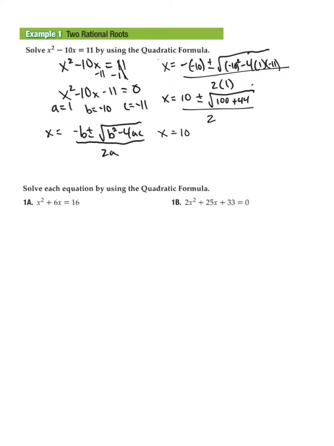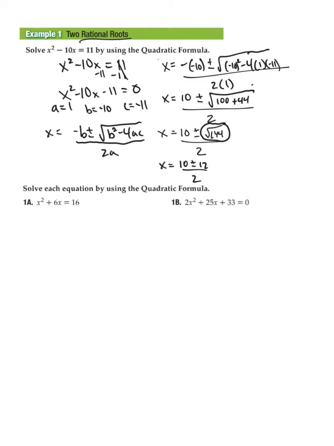Okay, so this is 10 plus or minus the square root of 144 over 2. When there are going to be rational roots, that's where the discriminant is a perfect square. Notice that is a perfect square. The square root of 144 is 12. So this is 10 plus or minus 12 over 2.